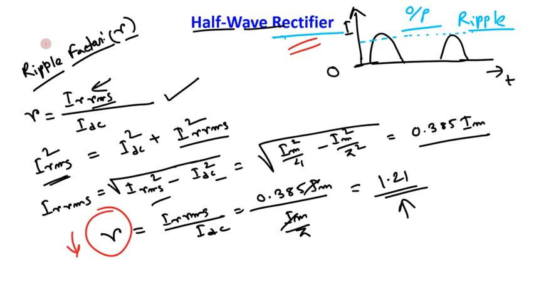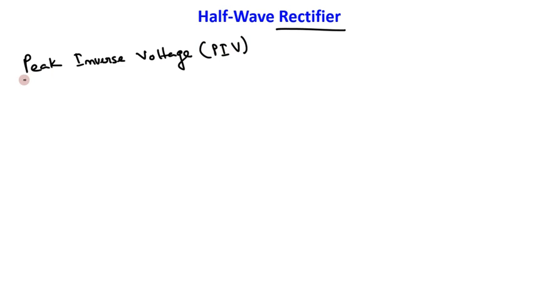Okay, so this is another important parameter. Another important parameter in case of any rectifier circuit is the peak inverse voltage, or in short, it is also called PIV.